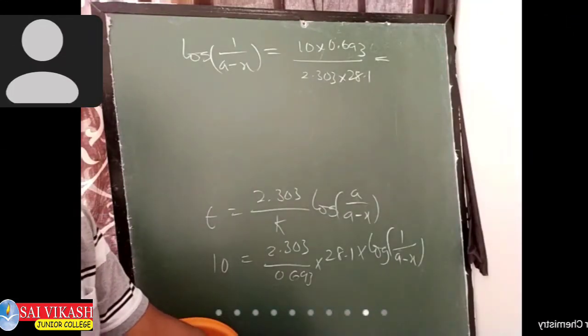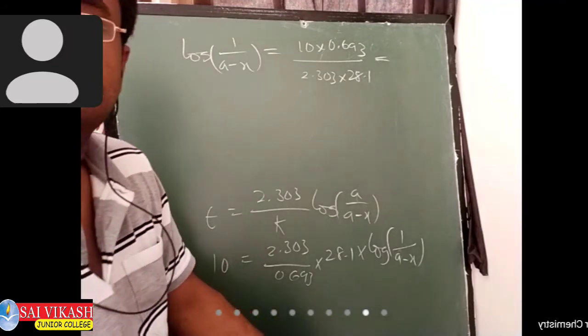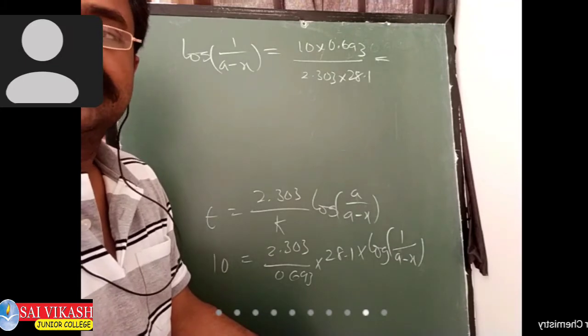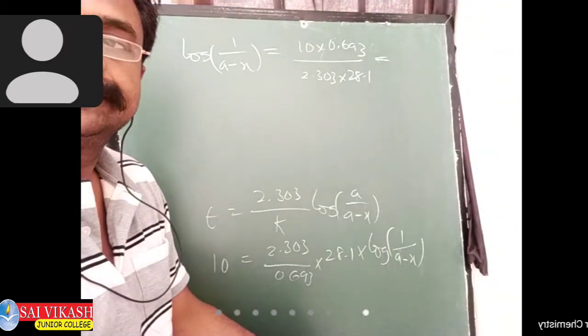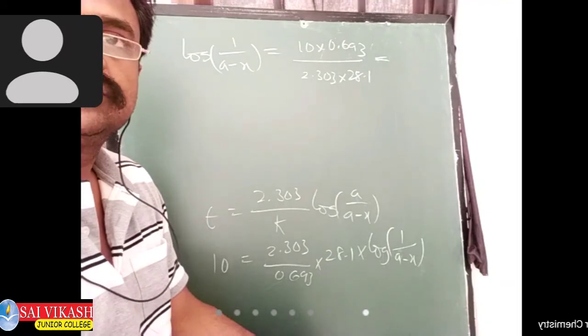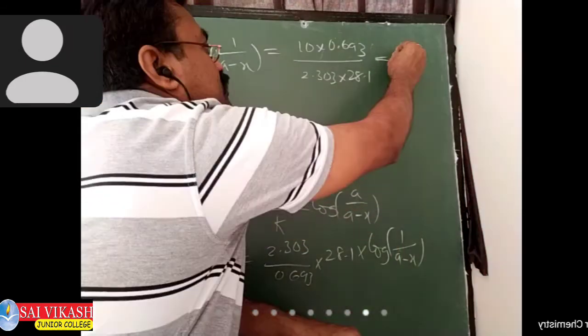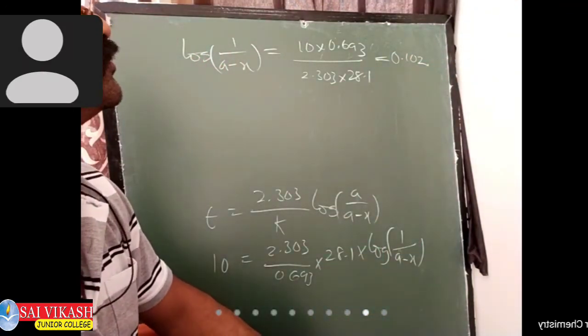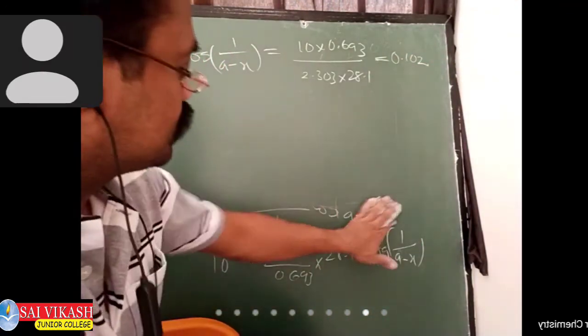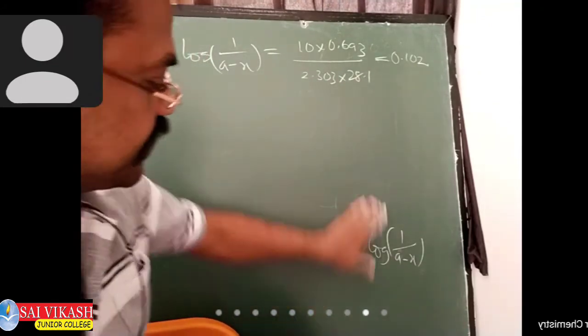Tell me how much? Quickly, say it. 0.102. 0.102 is log of 1 by A minus X.